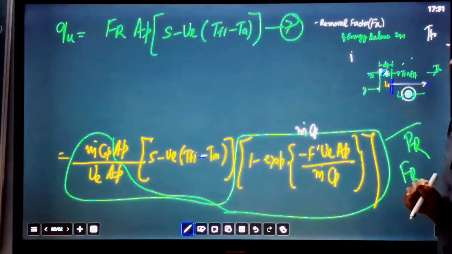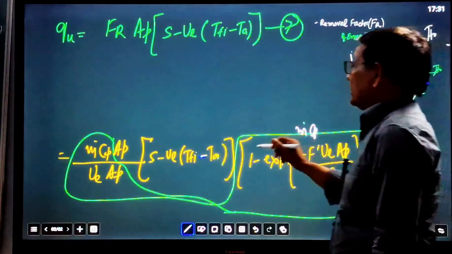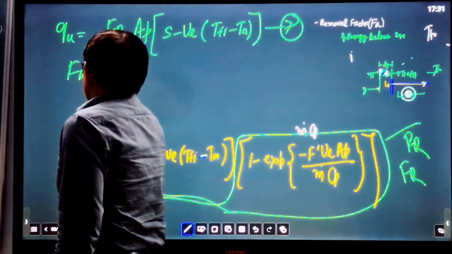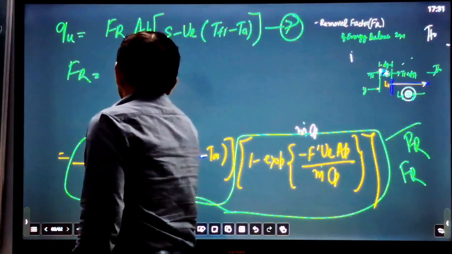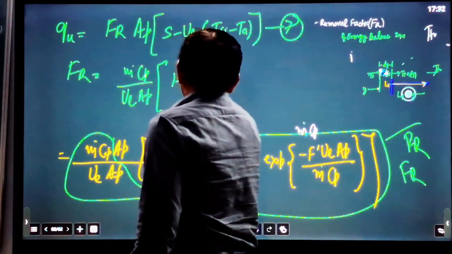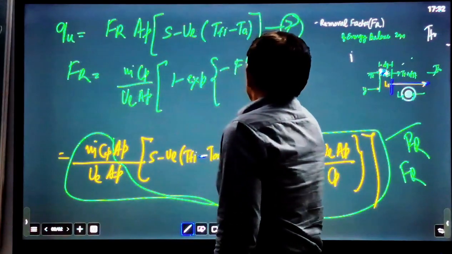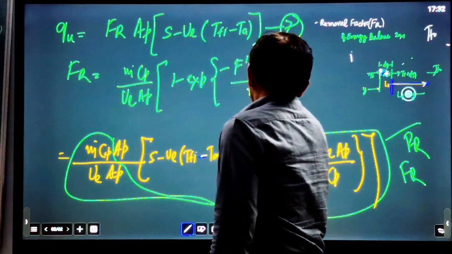Now we can define what the constant Fr stands for. Fr equals m dot Cp upon UL AP, in bracket 1 minus exponential minus F dash UL AP upon m dot Cp.